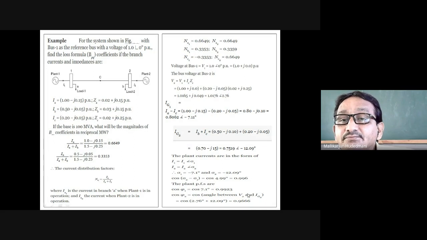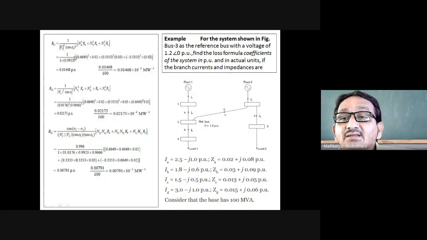Okay. So now what is B11? B11 is 1 divided by V1 square cos phi 1 square, times NA1 square RA plus NB1 square RB plus NC1 square RC.